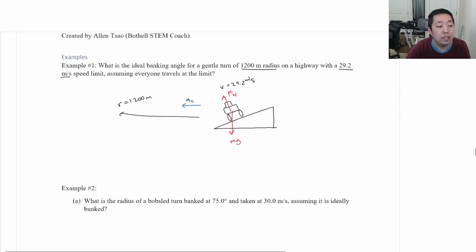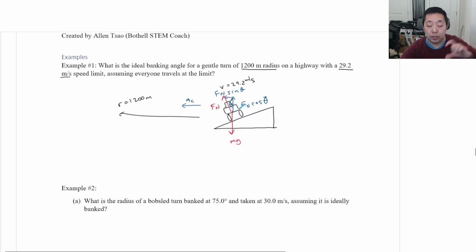So I want to decompose the vectors. I don't want to decompose mg. I want to decompose them horizontally and vertically, not up and down the ramp. So if this is theta, the opposite side is Fn sine theta, and this side is Fn cosine theta.